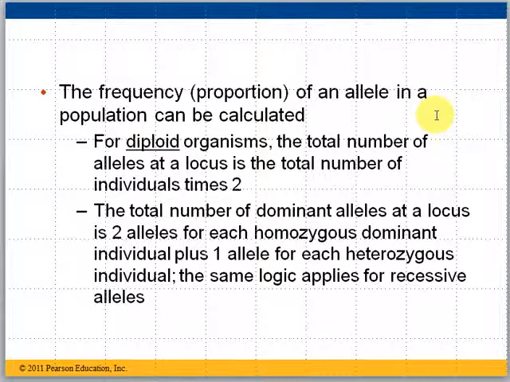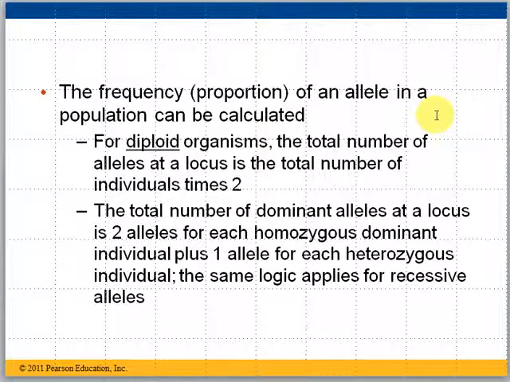For diploid organisms, the total number of alleles at a locus is the total number of individuals times 2. So if you have a population of, let's say, 10 caribou, and at each particular locus the caribou have two alleles because they got one from mom and one from dad, the total number of alleles at that location is the number of caribou, 10, times 2 because they each have two alleles. So there would be 20 possible alleles at that locus.